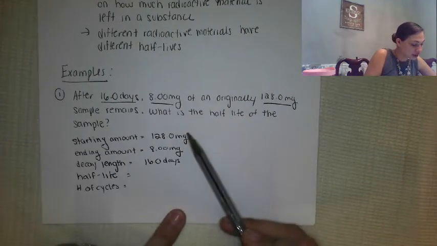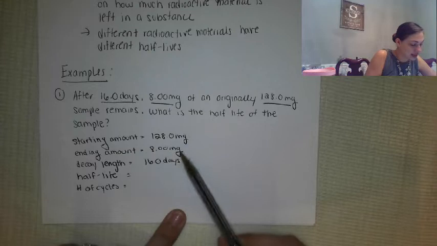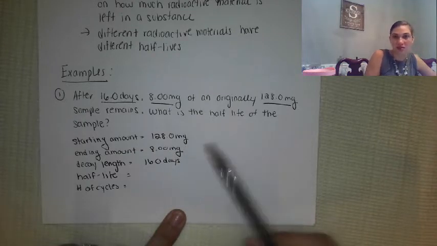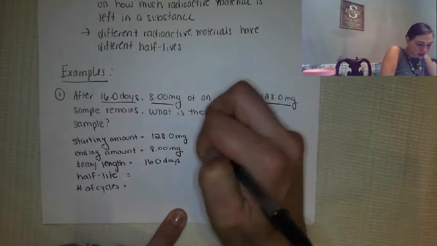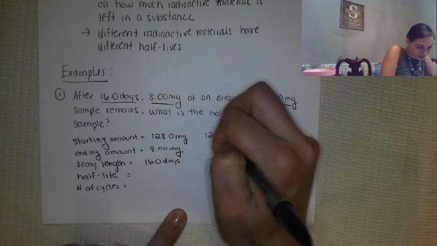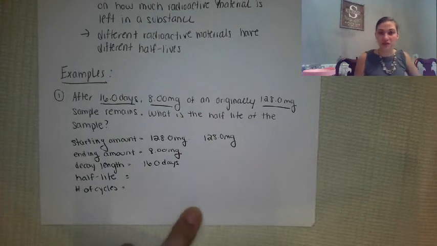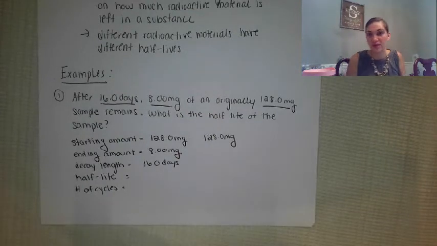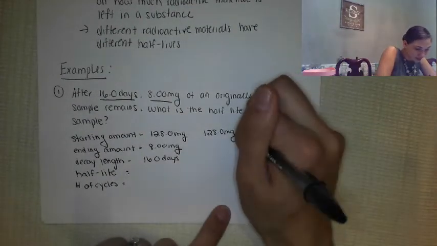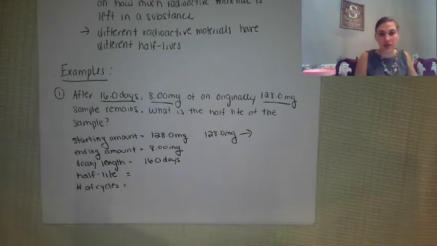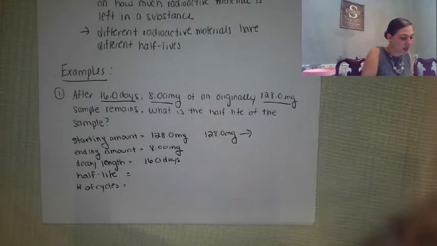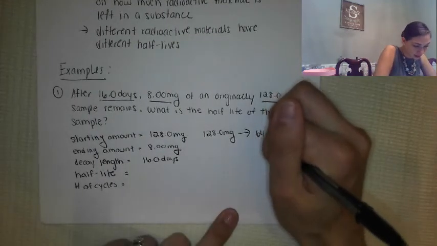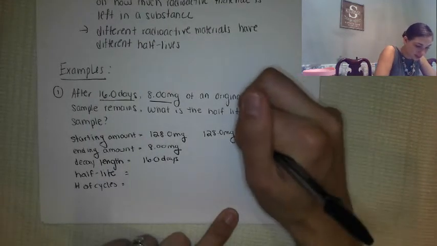If we are given a starting amount and an ending amount, whenever we have masses, we're always going to decay it, because that's the thing that's breaking in half. So we're going to start with 128.0 milligrams, and the definition of a half-life is that half has gone away. After our first cycle, we take 128 and divide by 2, and we get 64 milligrams left. That is one cycle.